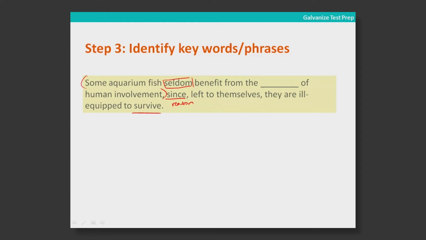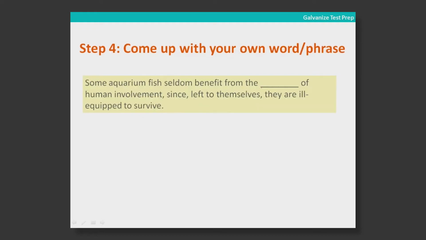So we're looking for what kind of word? What is the next step? Once you've identified the meaning of the sentence, you have to come up with your own word or phrase for the blank. We understand that they can't survive on their own, which means human involvement is actually a good thing. So what would they not benefit from with regards to human involvement? If human involvement is good, then maybe they don't benefit from the removal of human involvement.